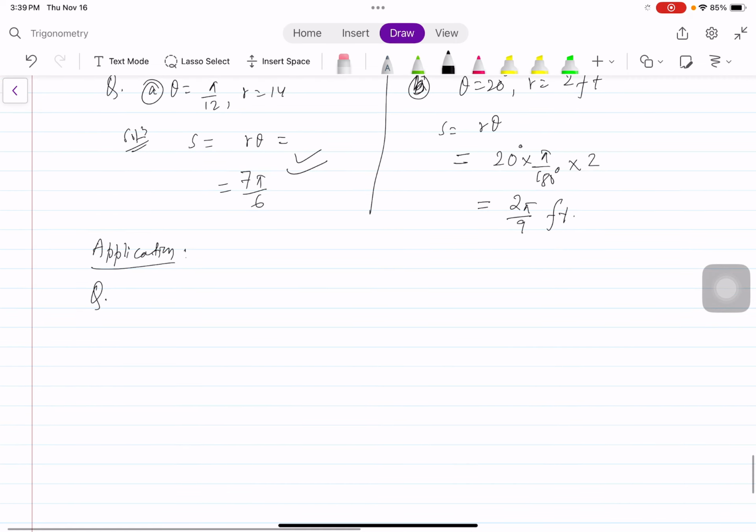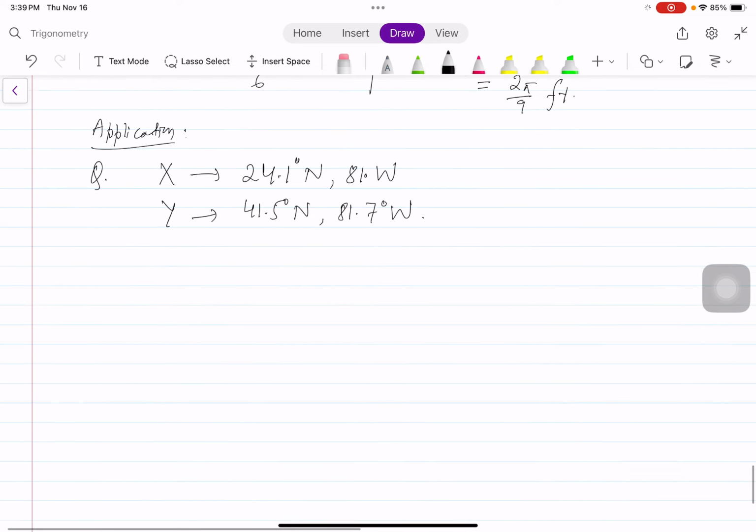Some city x is located at this location, 24.1 degrees north and 81 degrees west, whereas city y is located at this location, 41.5 degrees north and 81.7 degrees west. Using these locations we can find the latitudes and longitudes.